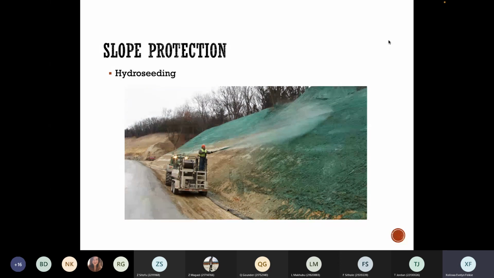Why? Because all the water gets absorbed by the plant, by the roots. If you don't have that, you have the danger of erosion, soil erosion, and so that's why.